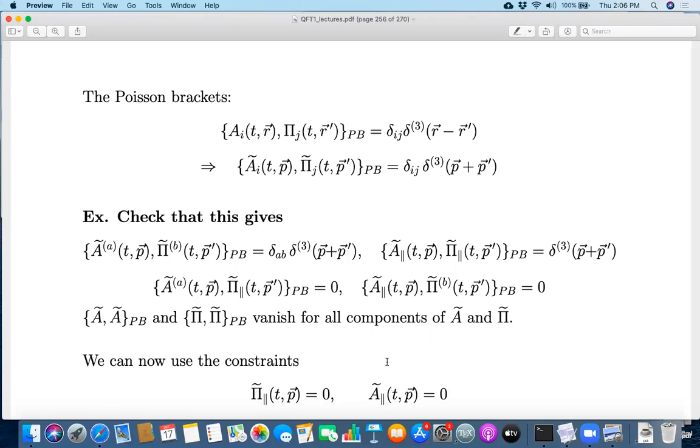So remember the definition of a second class constraint: if you form the full matrix involving the Poisson brackets of constraints with themselves, then the matrix will be invertible. Here it's obviously invertible because this is like the identity matrix. A tilde with pi tilde gives identity, and of course A tilde with A tilde gives 0, pi tilde with pi tilde gives 0. So this has this block structure, 0 identity, identity 0, and that obviously is an invertible matrix.